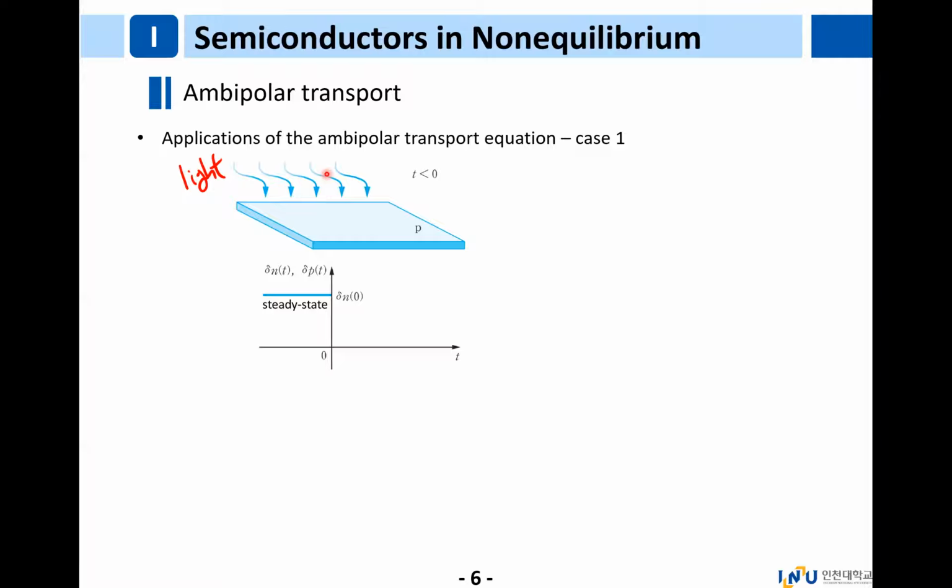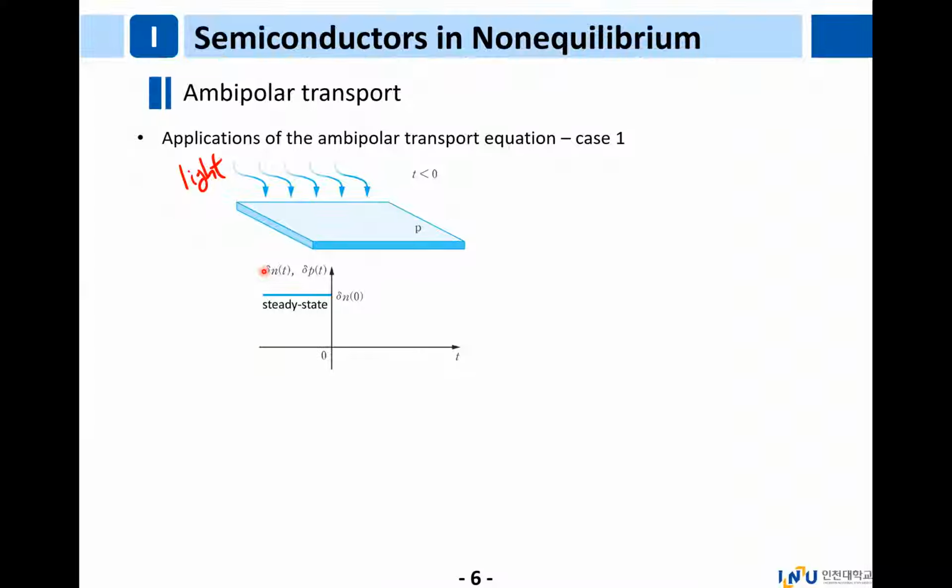Let's assume that the excess carrier concentration generated by light is very small compared to the thermal equilibrium majority carrier concentration. Since it is a p-type semiconductor, the motion of excess carriers is determined by the minority carriers, which is the excess electron, right?